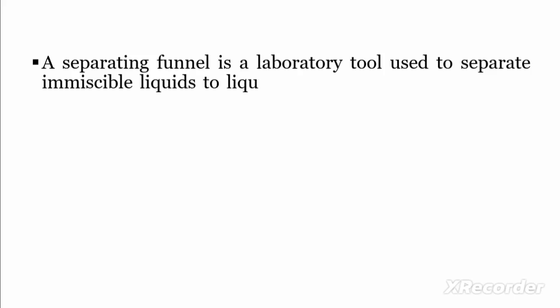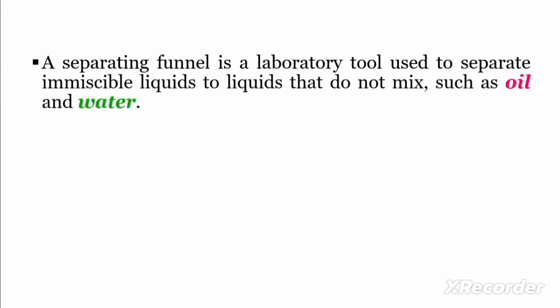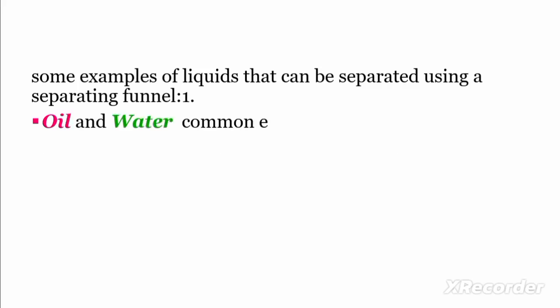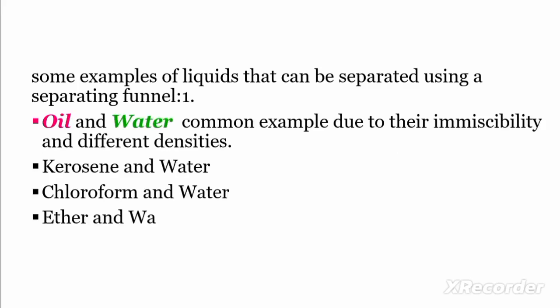A separating funnel is a laboratory tool used to separate immiscible liquids, liquids that do not mix, such as oil and water, kerosene and water, chloroform and water, ether and water, benzene and water.